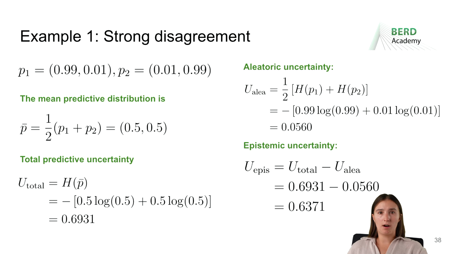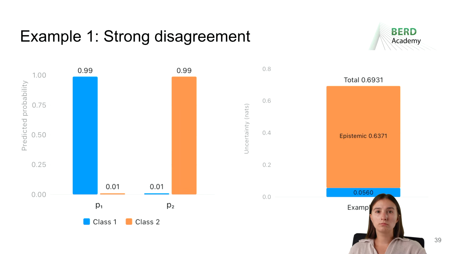Now the epistemic part is total minus aleatoric, this number minus that number. So we can see that we get an epistemic uncertainty of 0.63. And if you compare the total and the epistemic one, you can already see that basically most of the uncertainty here comes from the epistemic uncertainty.